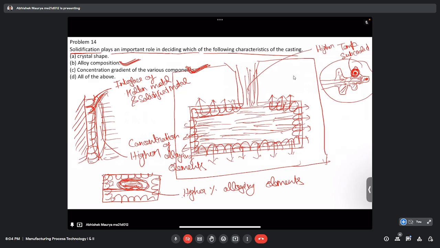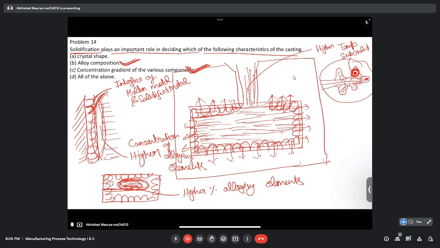Basically, what I wanted to say is, if we control the solidification rate or the solidification process, then we can control the grain structure of the casting as well as the compositional gradient, or the difference between the composition at different locations of the casting. That thing we can control. So solidification is a very important phenomenon. If we can control it, then we can control the properties of the casting.